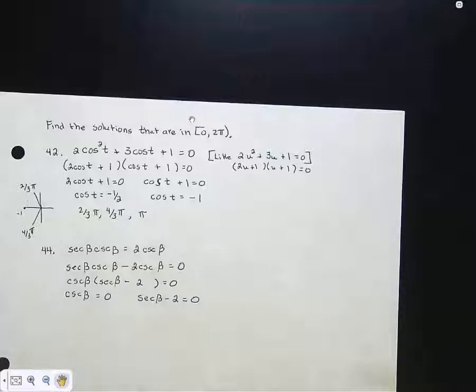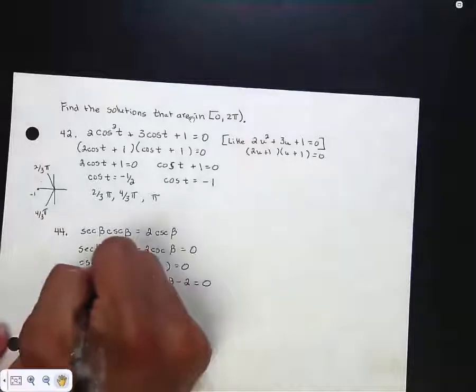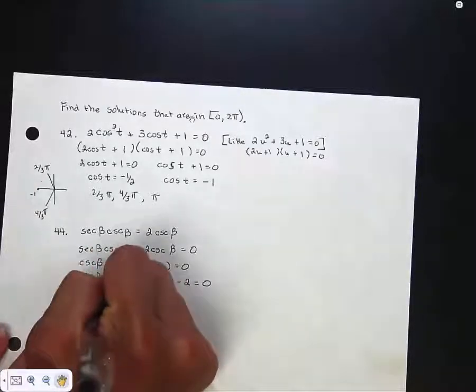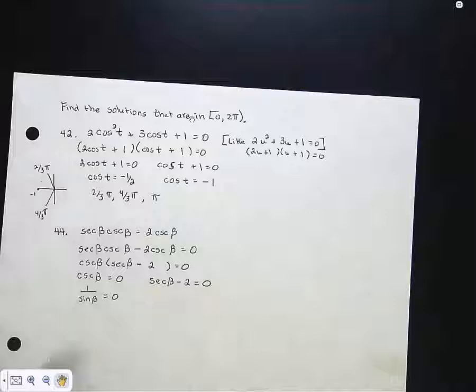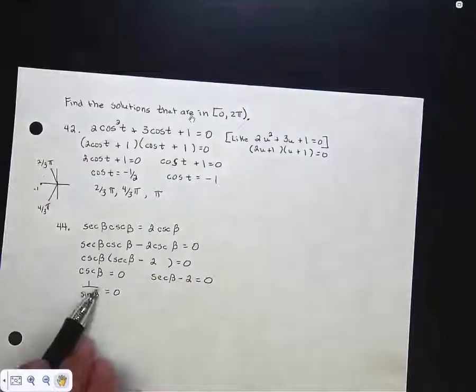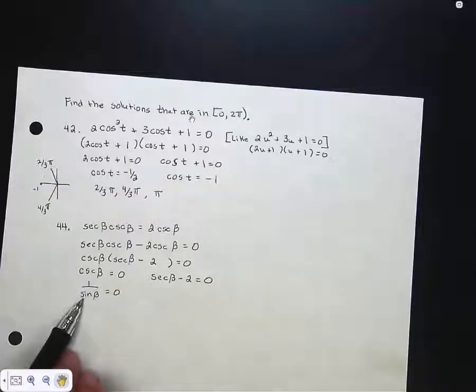Cosecant beta is 0. Cosecant is 1 over sine. And if I think about what makes this fraction equal 0, there is nothing that makes this fraction 0. If I had 1 over 0, for example, that's not 0. There's no way a fraction with a 1 in the numerator can be made to equal 0.